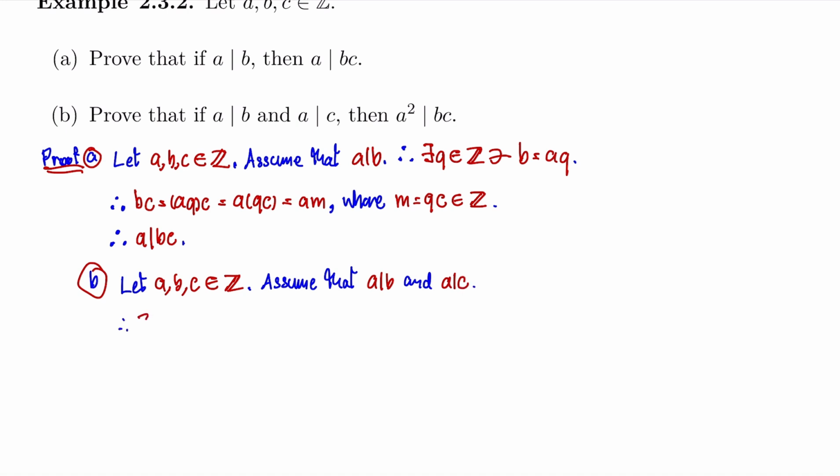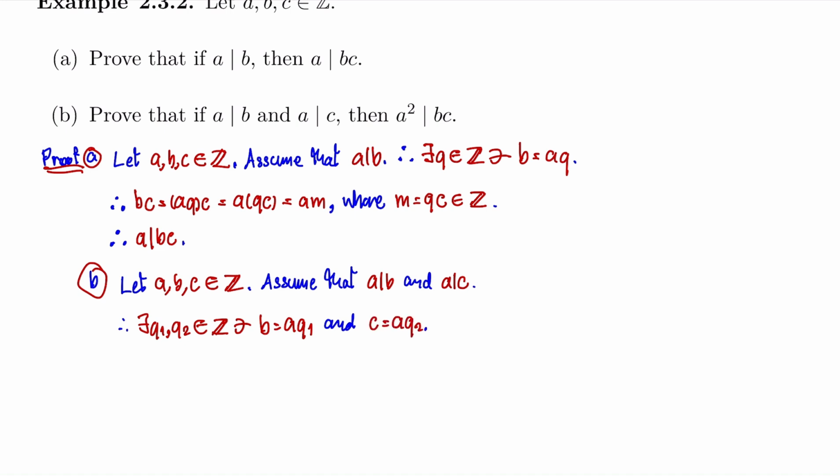Then what do we have? So we've got Q1 and Q2, which are integers, such that B equals AQ1, and we have A divides C. That means that we've got C equals AQ2.